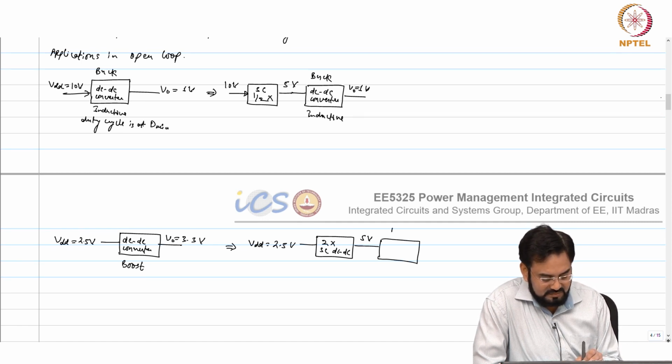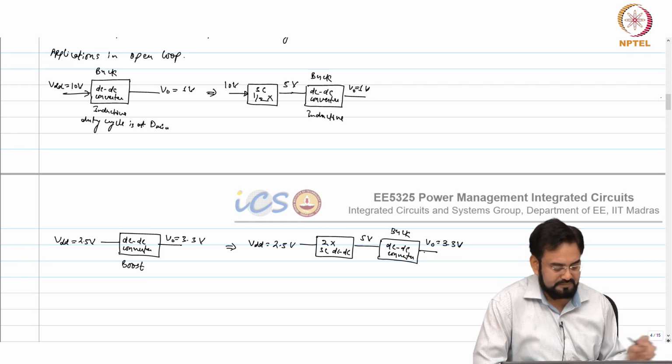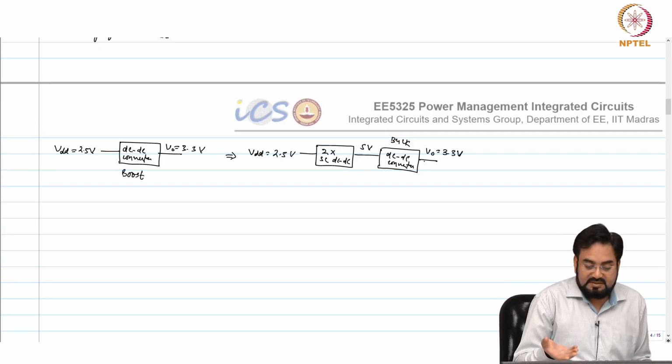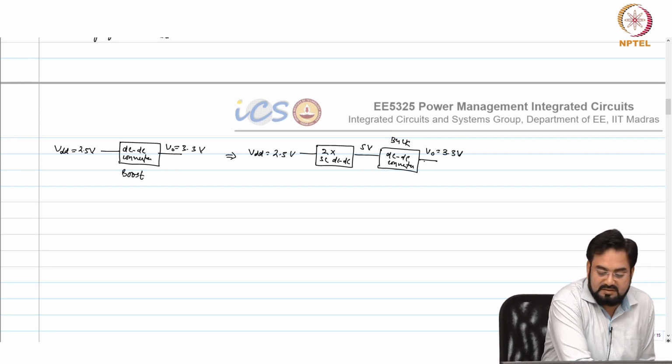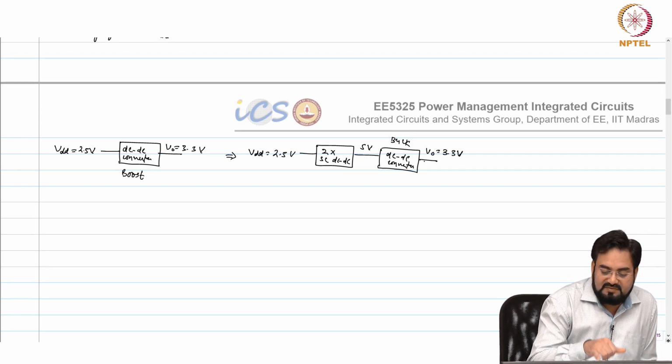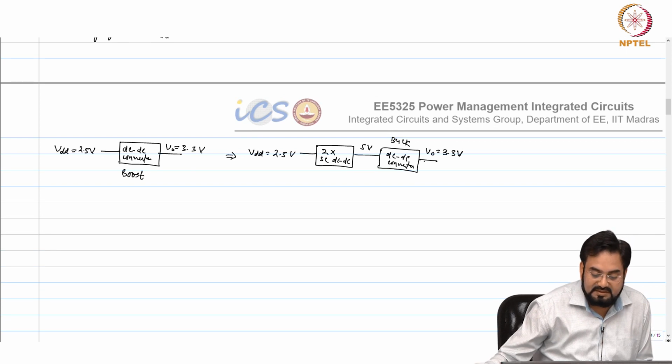Now use a buck. So if you do, let us say, a combination of this 2x switch cap DC DC and buck.